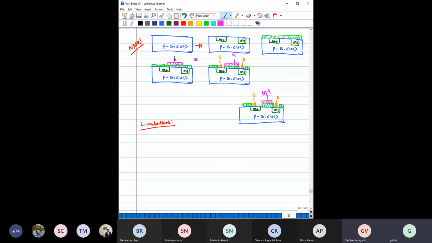So for this type of device, the uncertainty in aligning this gate is quite extensive.